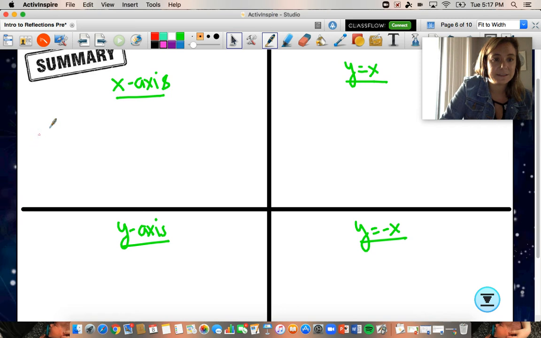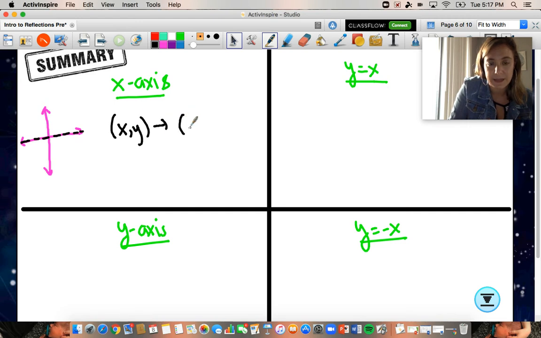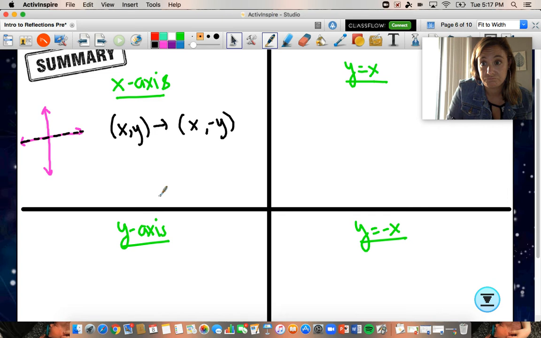So for the x-axis, I'm going to sketch myself a little graph. This line right here is the x-axis, right? So the coordinate notation for this is xy becomes x stays the same, y becomes opposite, okay? The y-axis, and if you need to write yourself more notes, this is a great place to do that.